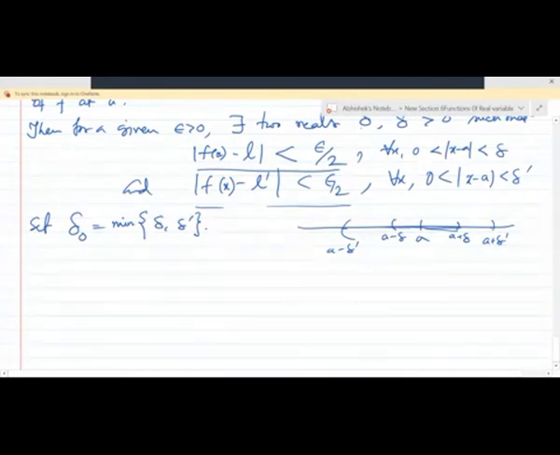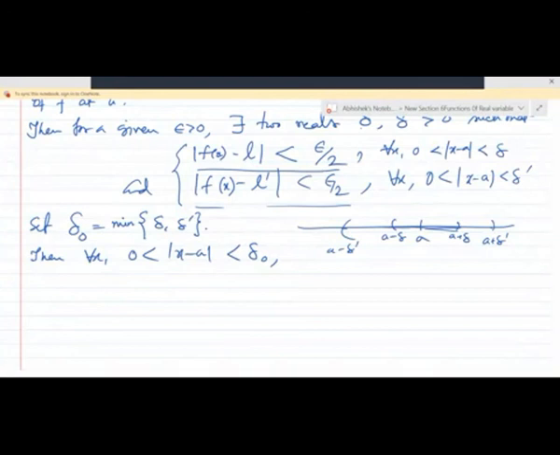And in between these two real numbers, a minus delta naught and a plus delta naught, these two inequalities will be satisfied, right? So for all x with 0 less than mod x minus a less than delta naught, you will have both the inequalities. So using both these inequalities, consider mod of L minus L dash. What is the difference between these two?